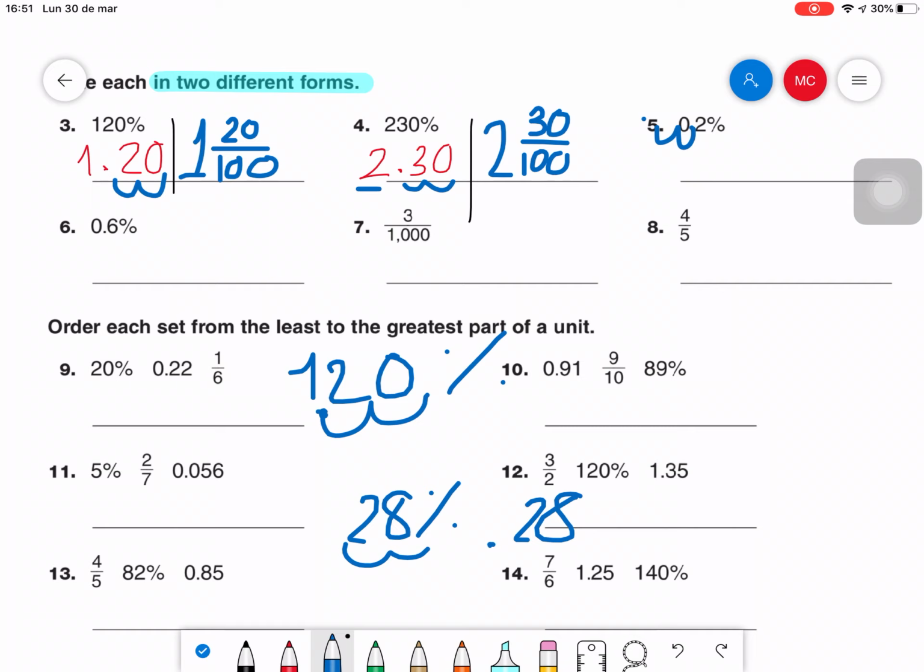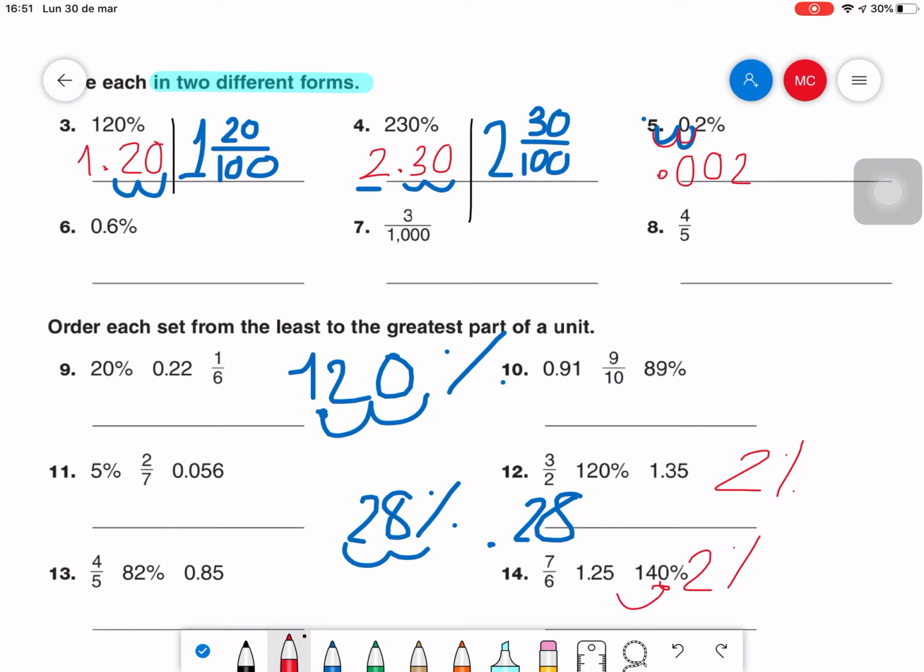If I change 0.2% into a decimal, it will be 0.002. Yeah, because the point was here, so I move it 2 times. I'm doing the same with this one. I know it might be weird because it is not 2%, it is 0.2%.